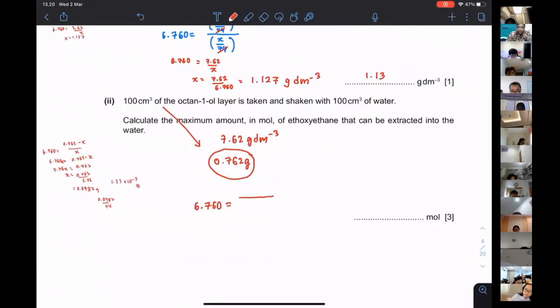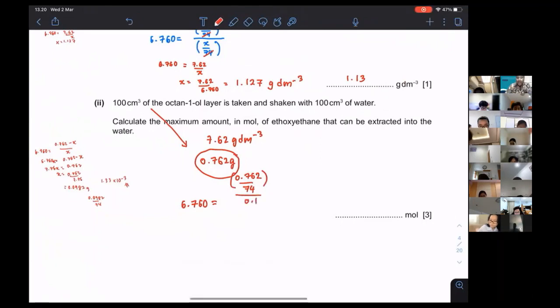You took the 100 cm cube, so the concentration is 0.762 gram divided by 74, that's mole. Then you still want the concentration, so that's going to be divided by 0.1 dm cube.